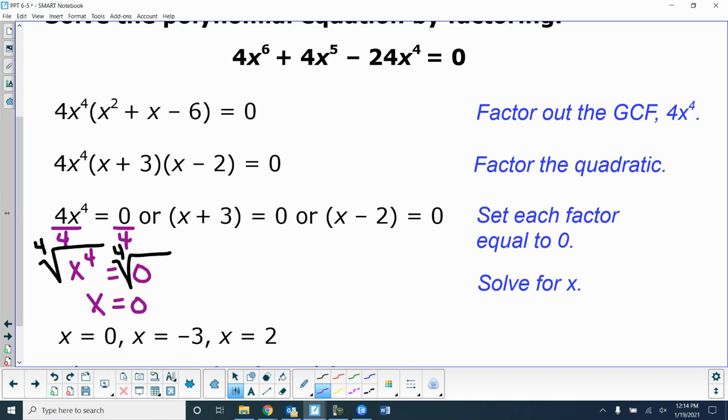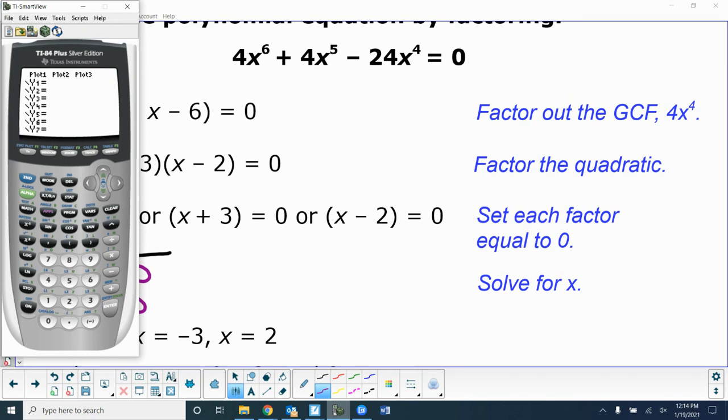But if you need to find the 4th root of something, put the number 4 in, and then this symbol is in the math screen, all right? So you hit 4, and then math is right here under alpha, and number 5 is for any root that you need to do, right?